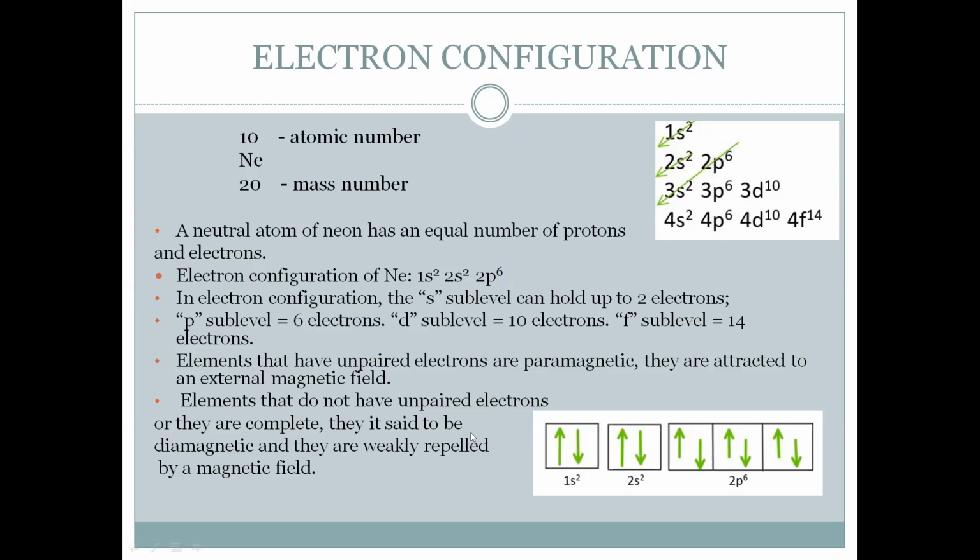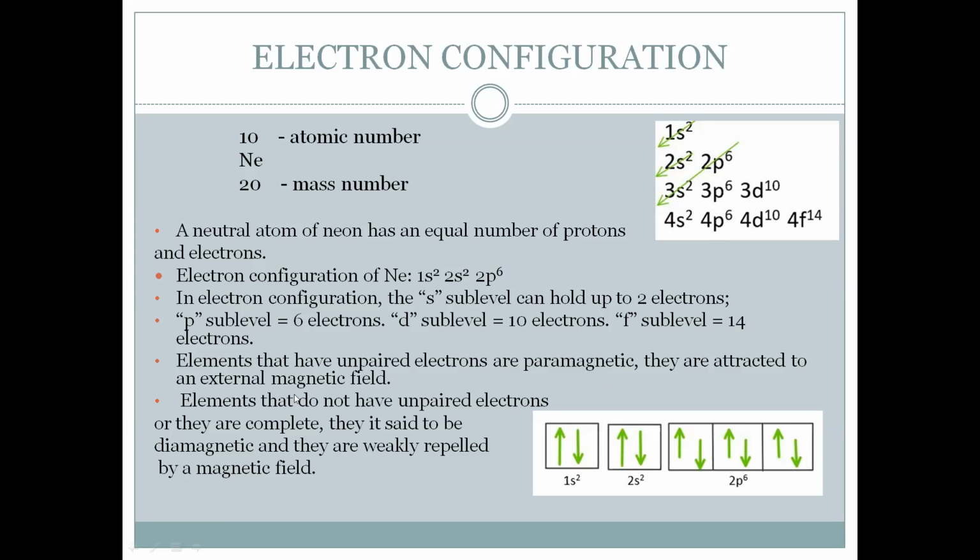Now, an element can either be paramagnetic or diamagnetic according to how it is attracted to magnetic fields. If elements are paramagnetic, it means that they have unpaired electrons, okay? They are attracted to an external magnetic field.